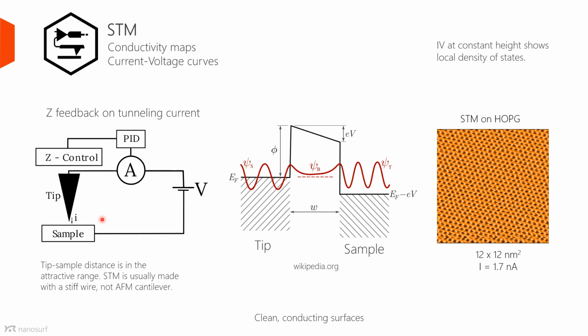Because of the stiffness and relatively strong tunneling currents close to nanoamperes, it is relatively easy to reach atomic resolution in such a measurement. When you measure current voltage characteristic in STM at a fixed height above the surface, you measure the local density of states in this material. This makes the STM an important tool in the material science toolbox.